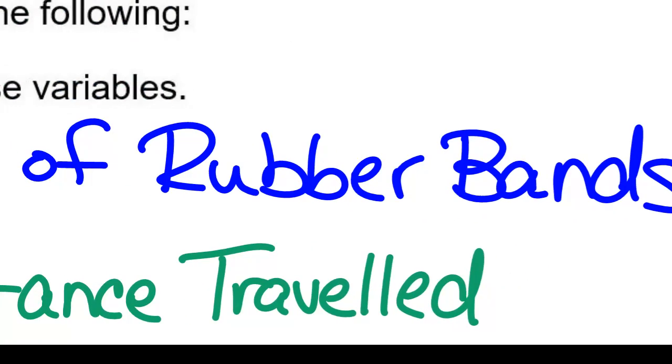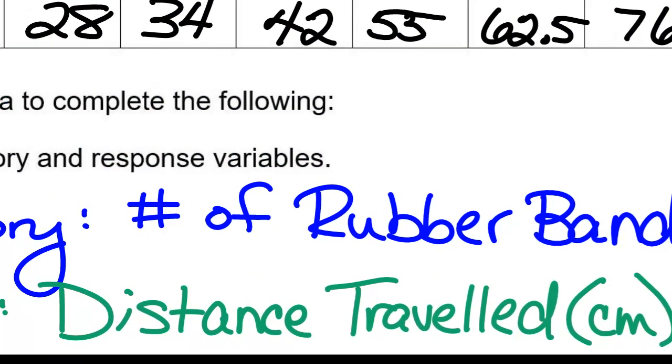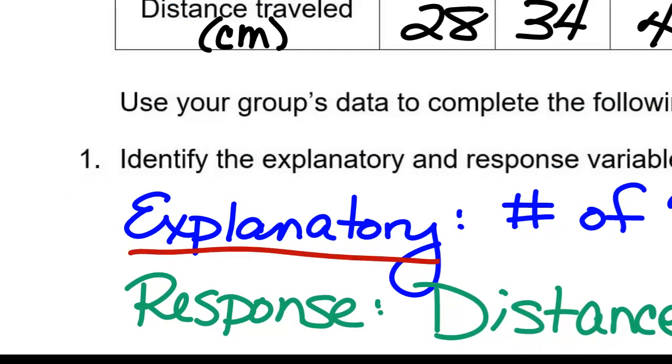If you measured in centimeters, you should indicate that. If you measured in inches, you should indicate that also. So your explanatory variable, I said this is like your x, this is your input. This is used to predict.